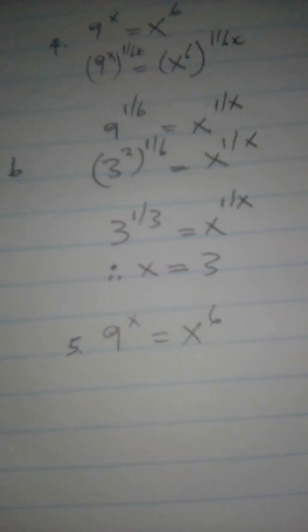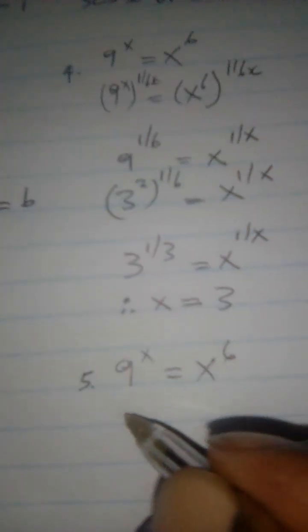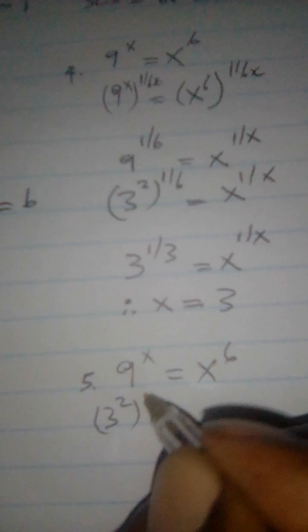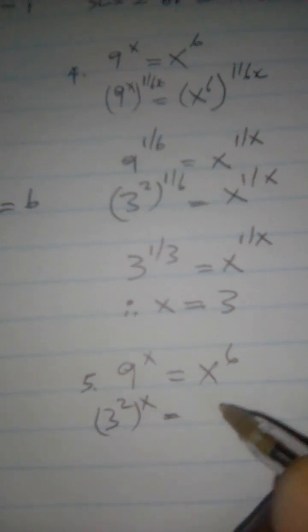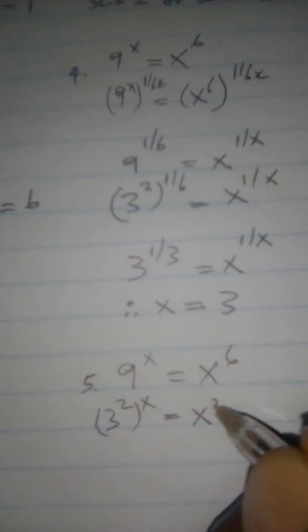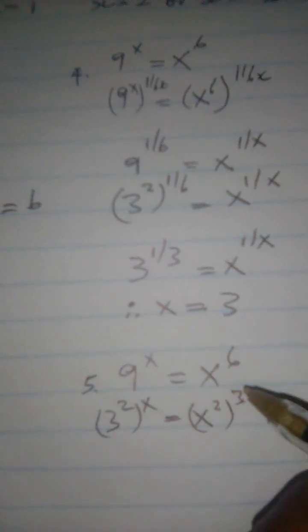If you are following this, you will see that we can solve this using the other method. 9 raised to x can be rewritten as 3 squared raised to x, which is equal to x raised to 6, which can be rewritten as x squared multiplied by 3, because 3 times 2 is 6.